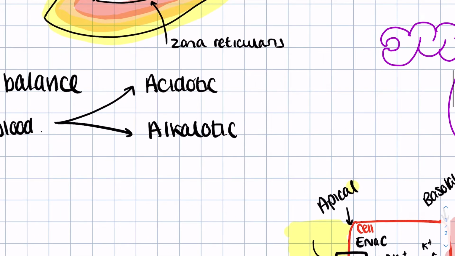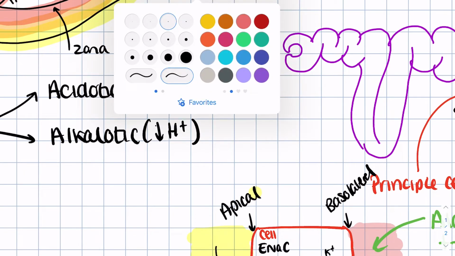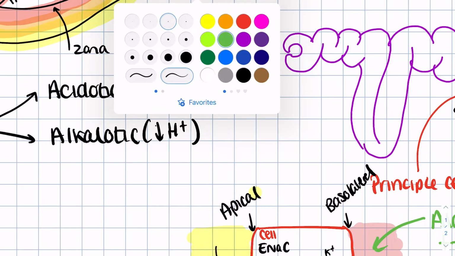Okay, and both these acid-base disturbances, I should say, can influence the level of potassium. So if someone is acidotic, they're going to have high potassium. If someone is alkalotic, they're going to have low potassium.